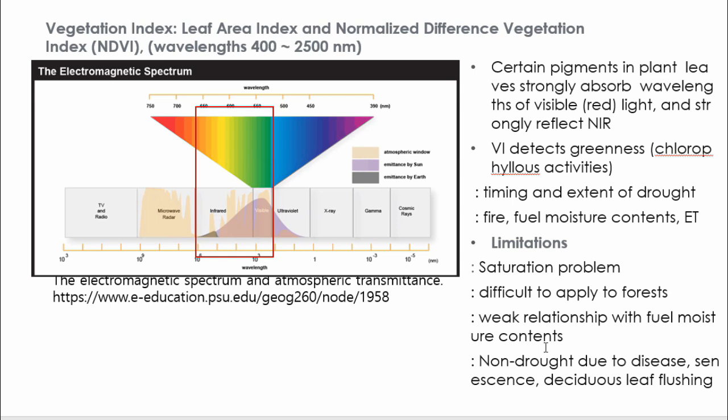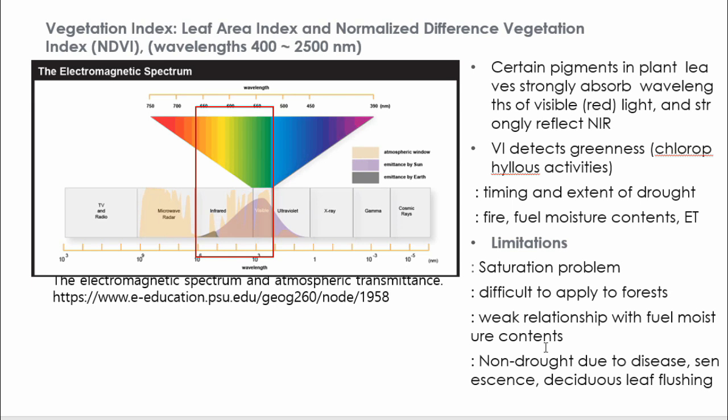However, they strongly reflect near infrared bands. So if we combine those absorb and reflect bands, we can get better specificity to the chlorophyll contents. So a vegetation index can be suggested.